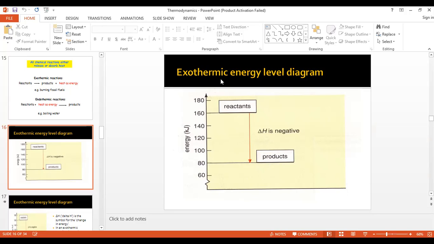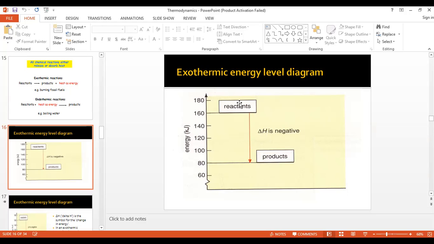Yes. Good. Now see here something written: delta H is negative. This is very important. Delta means change. Delta means change, change in energy. This delta sign we use means change. H is for heat. Delta H means change in energy from reactant to product.